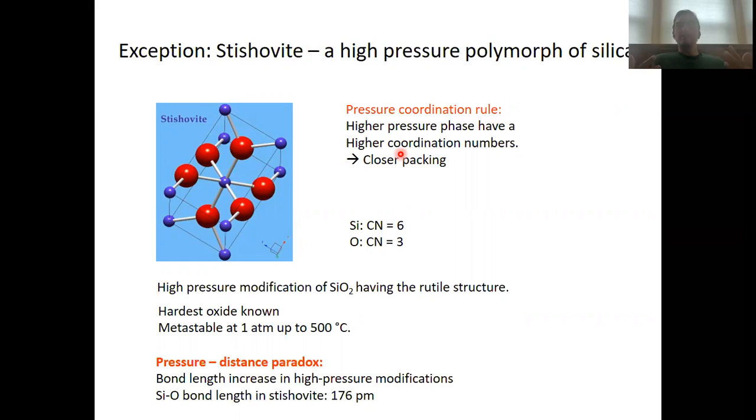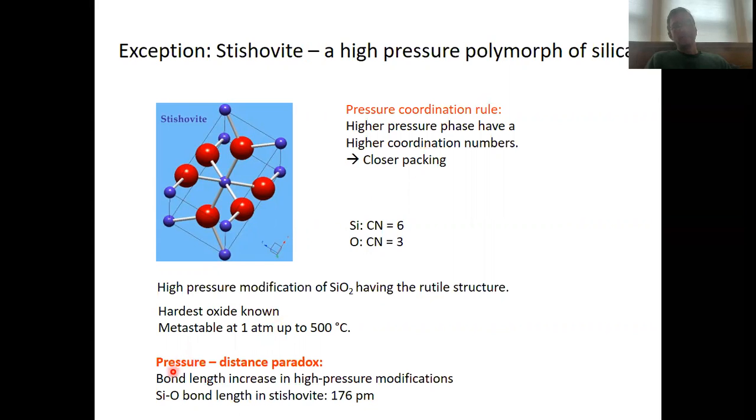And denser phases are typically phases in which the atoms have a higher coordination number, because then they can become more closely packed. This is called the pressure coordination rule. So higher pressure tends to come along with higher coordination numbers.